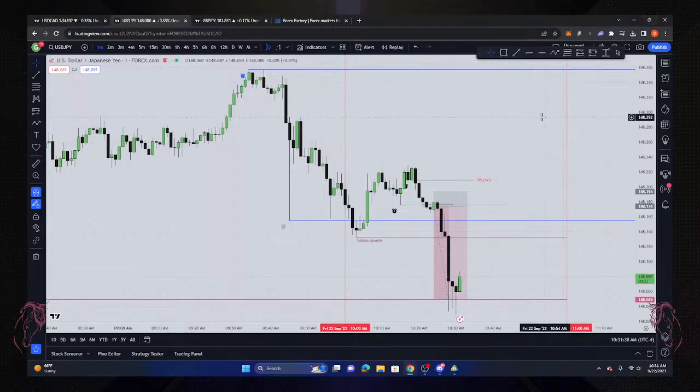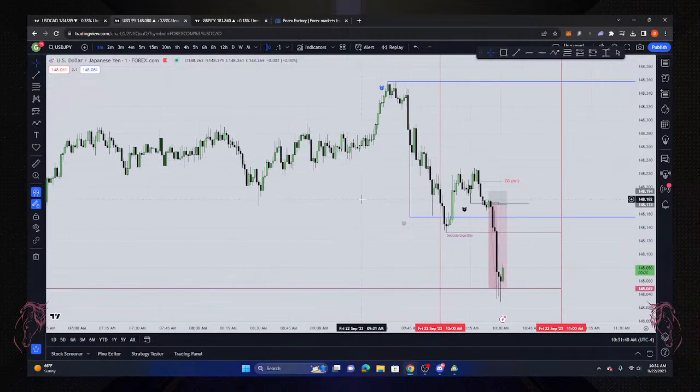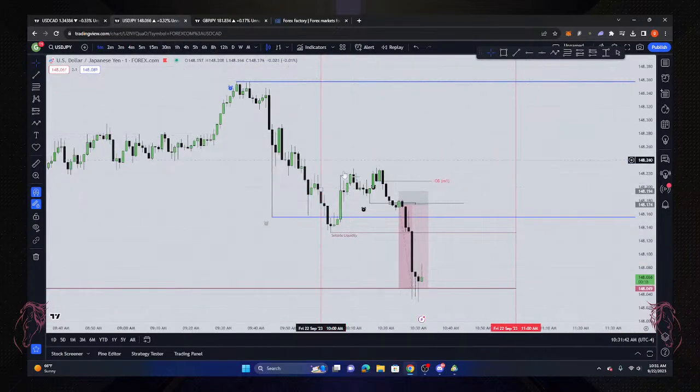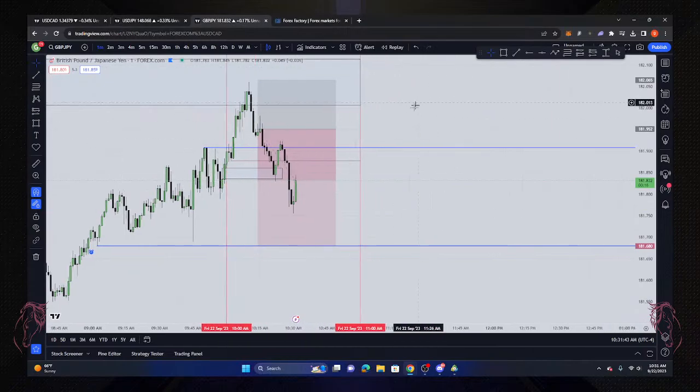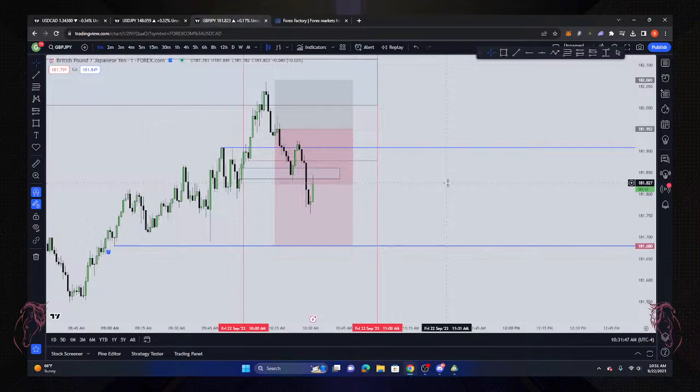And let price do its thing. Okay. GJ's pulling back into this FVG, which could be another potential entry, re-entry right here.